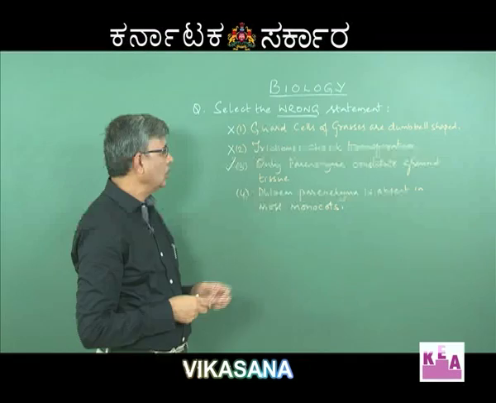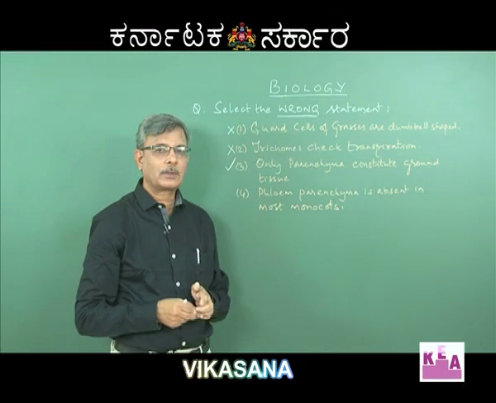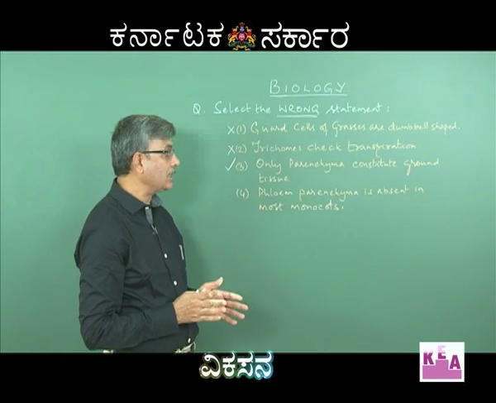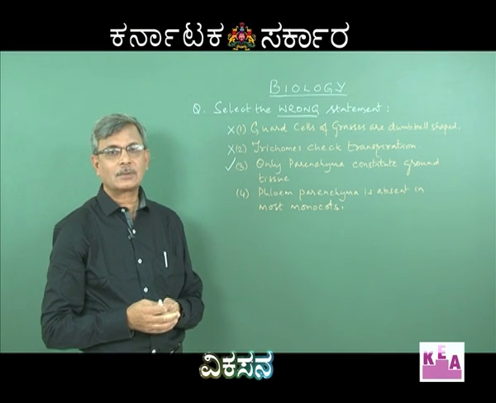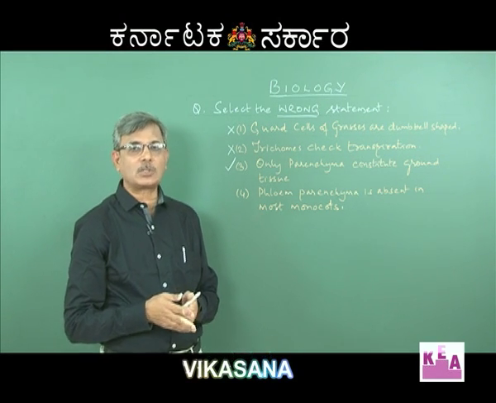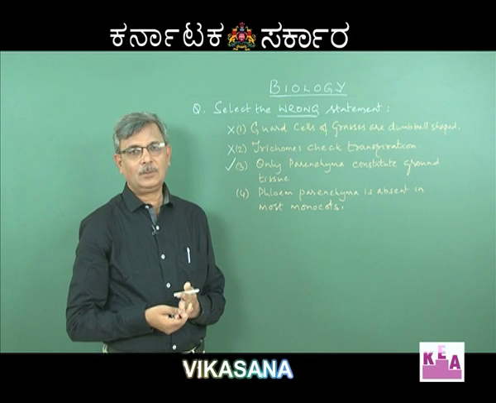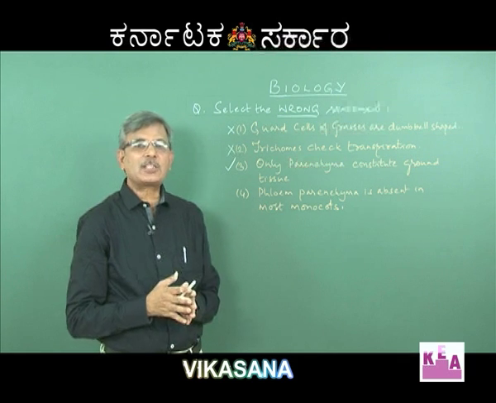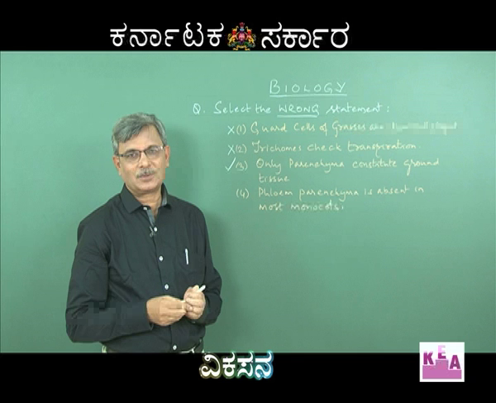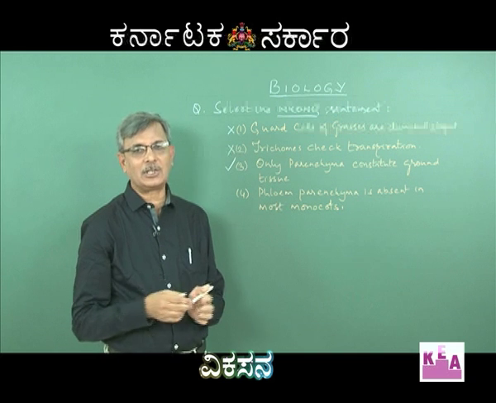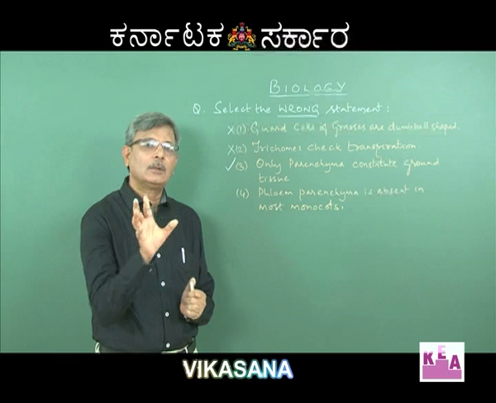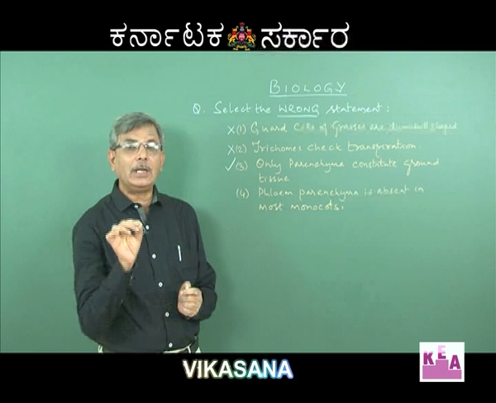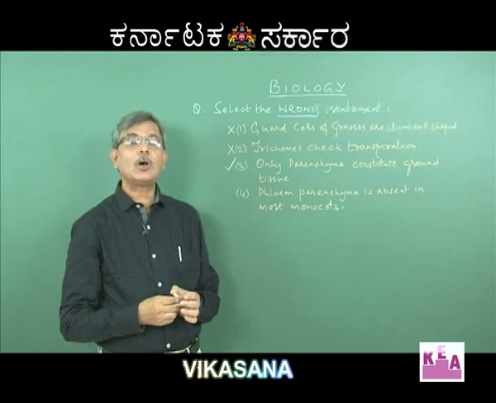Let us come to option 4 also. Phloem parenchyma is absent in most monocots. When you talk about monocots, especially the stem, we see irregularly scattered vascular bundles, what we call the atactostele condition, where in the phloem the parenchyma is absent.